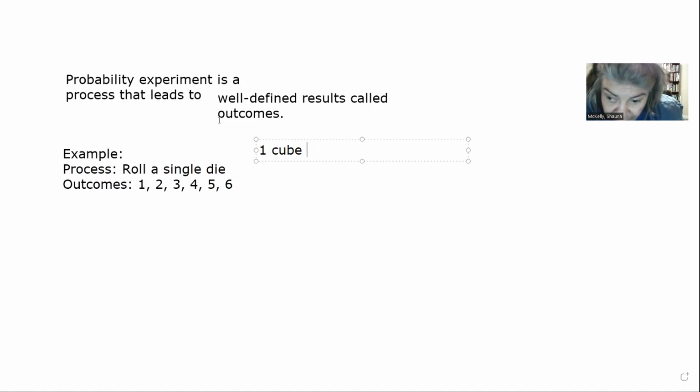If it's 2 cubes or more, those are called dice, D-I-C-E. It's just an irregular plural. Anyway, the outcomes are 1, 2, 3, 4, 5, 6.